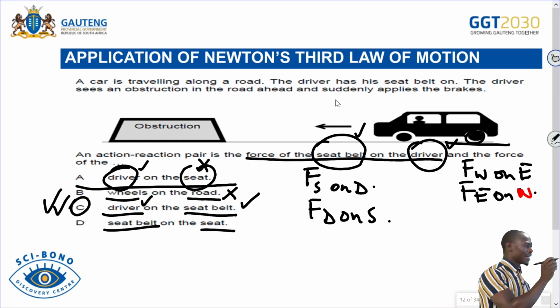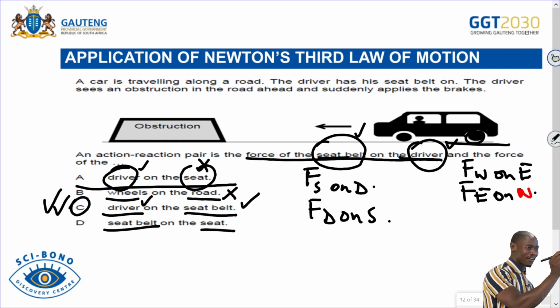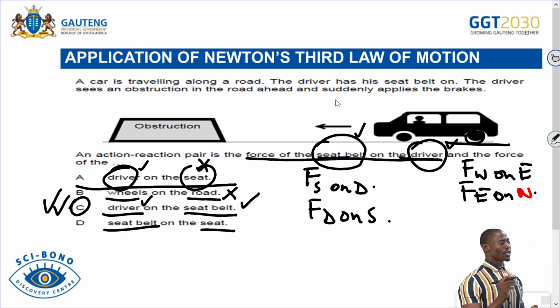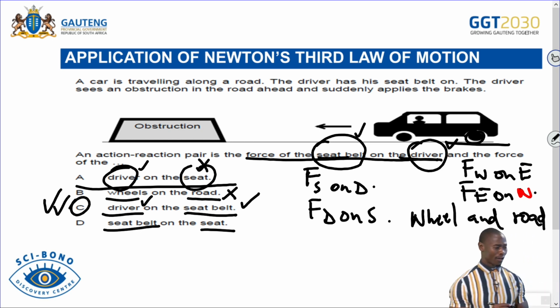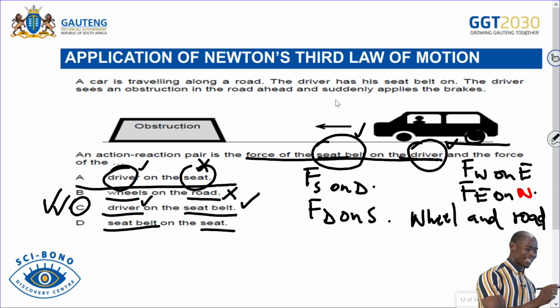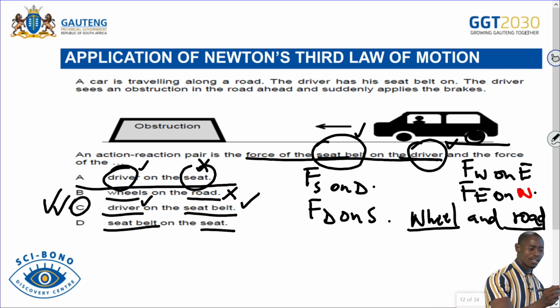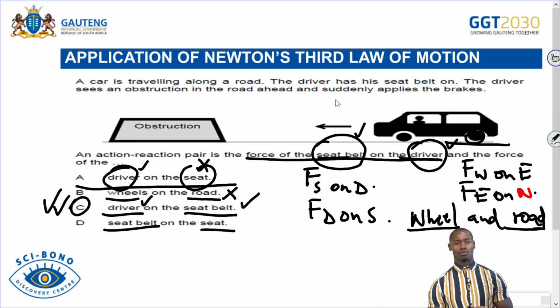In this case, it is the seat belt and the driver: the force exerted by the seat belt on the driver, and the force exerted by the driver on the seat belt. If our objects were the wheels and the road, those would be the two objects we focus on, so it would be the force exerted by the wheels on the road, and then the force exerted by the road on the wheels.